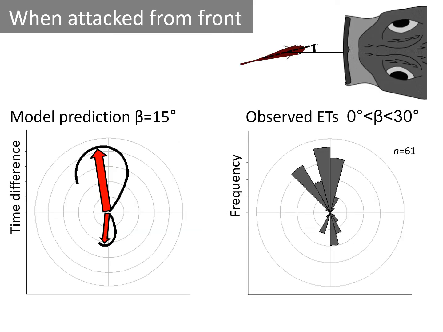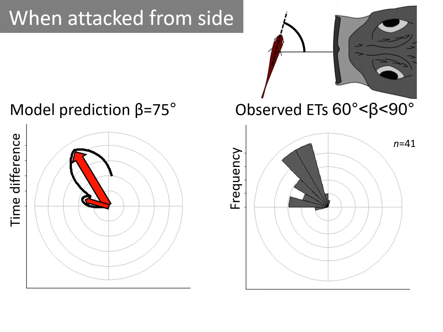When the prey is attacked from the front, the time difference of the model predicts a bimodal pattern with peaks at around 100 degrees and at around minus 100 degrees, and the observed ETs show a similar pattern. When the prey is attacked from the side, the time difference of the model predicts a bimodal pattern with peaks at around 120 degrees and at around 170 degrees, and the observed ETs show a similar pattern.